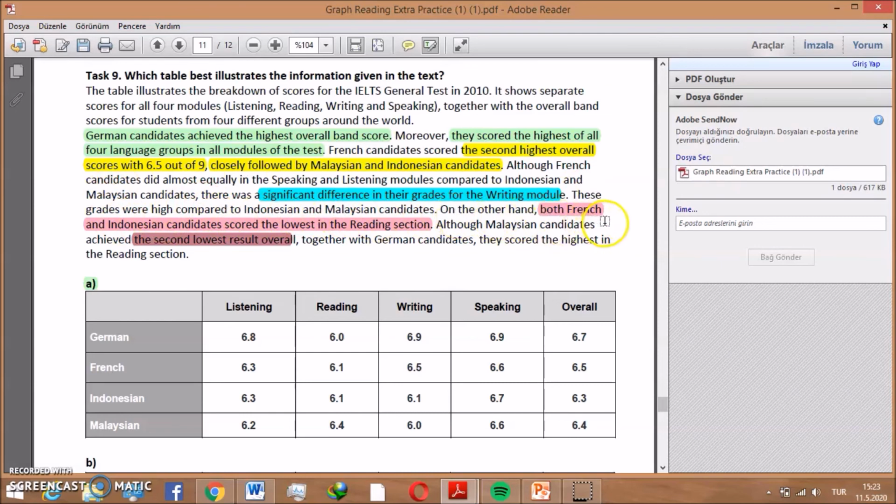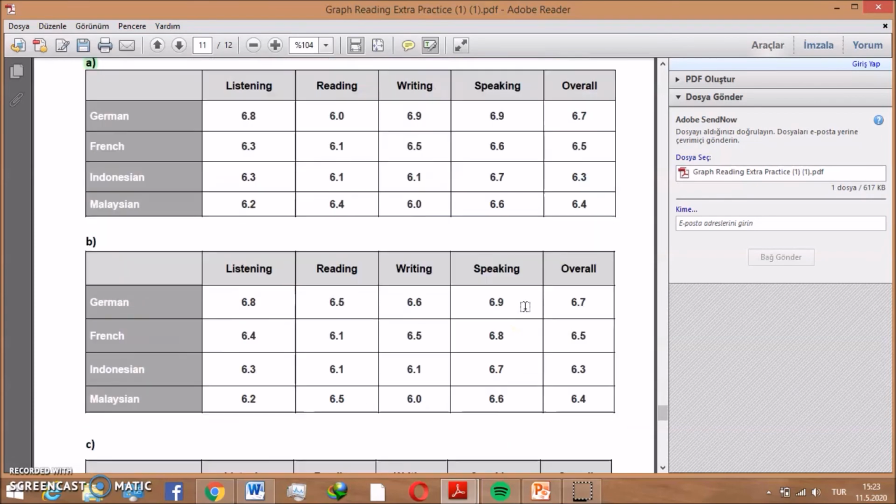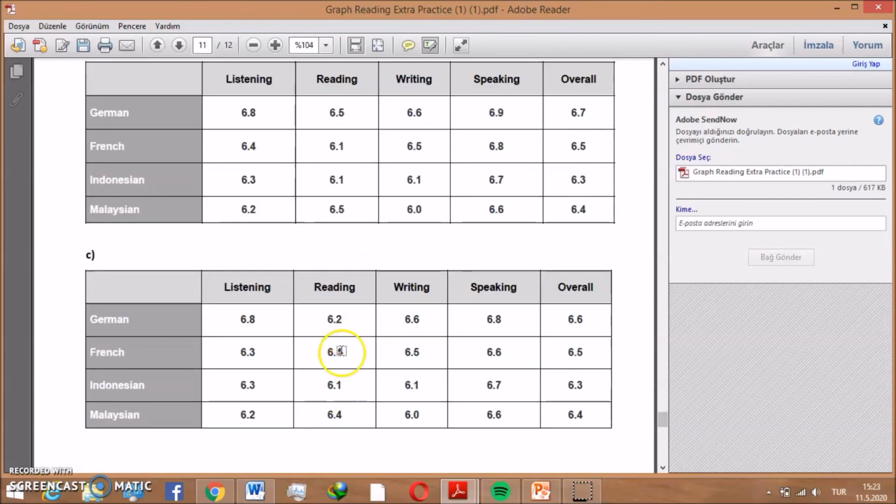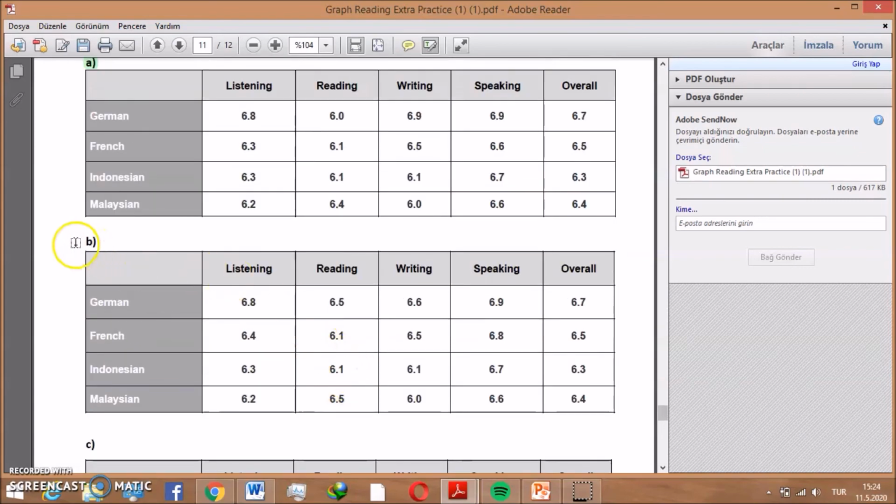On the other hand, both French and Indonesian candidates scored the lowest in the reading section. Okay, let's check. In the reading section, these should be the lowest, and in B it is correct. But in this one, French is not the lowest. This is the lowest. Okay, that's why C is not correct again. But we had already found it. So our answer is B.